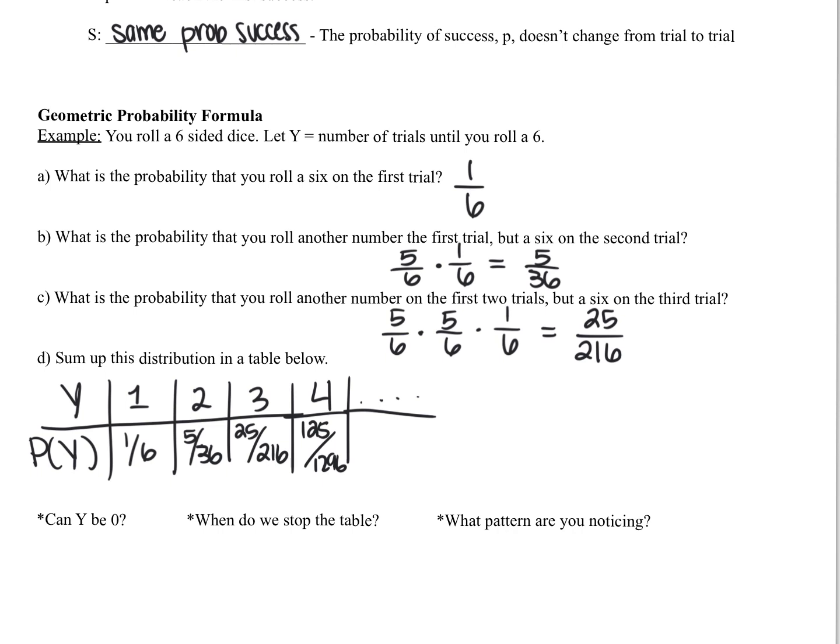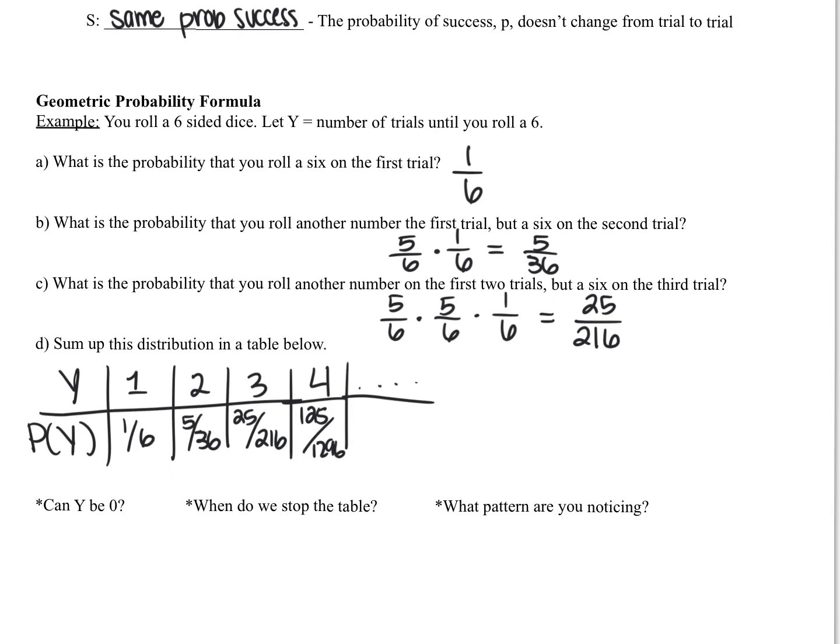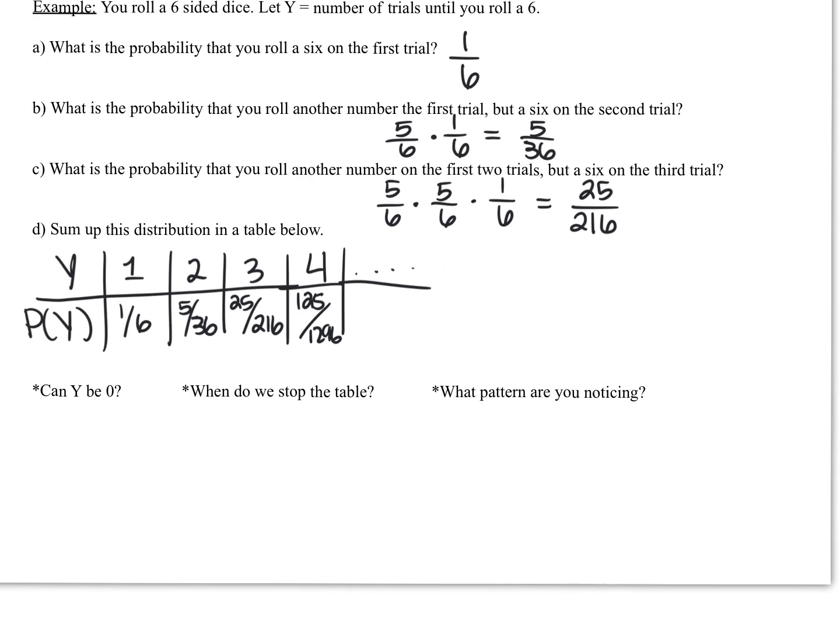So unlike the binomial distribution where there were always a set number of trials, set number of outcomes, the geometric probability distribution could go on forever. There is no end, which is why we don't use probability distributions, because they can go on forever. So can y be 0? We've already talked about this.